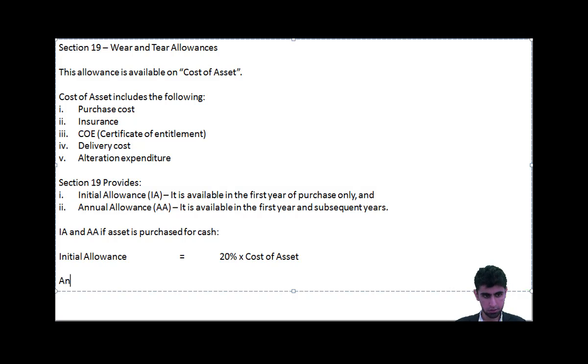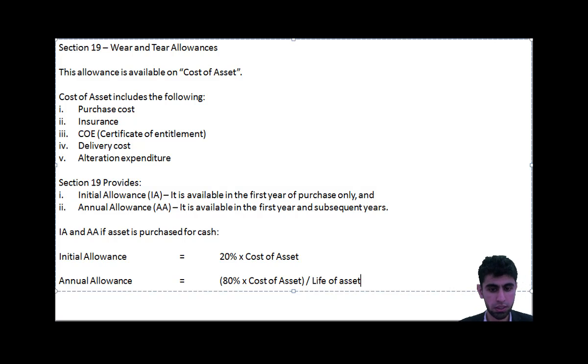And your annual allowance is calculated as follows: we know that only 80% of cost of asset is remaining. So we will take 80% times cost of asset, and it has to be divided by life of asset. So this will be available in the first year as well as in the subsequent years.